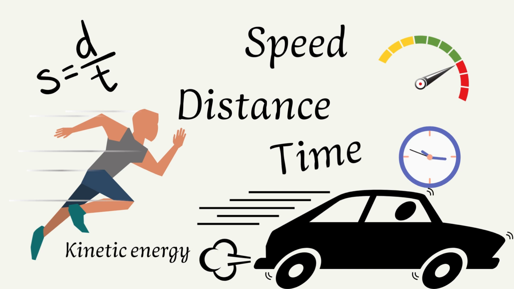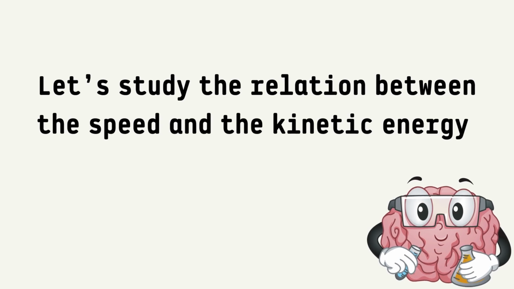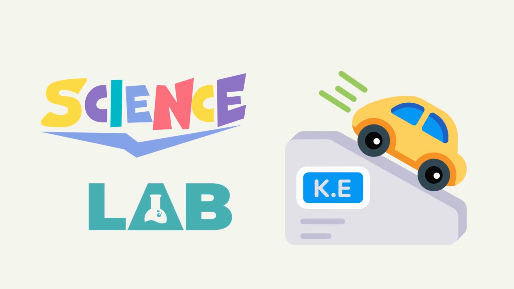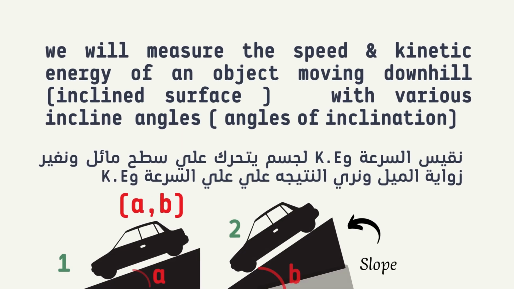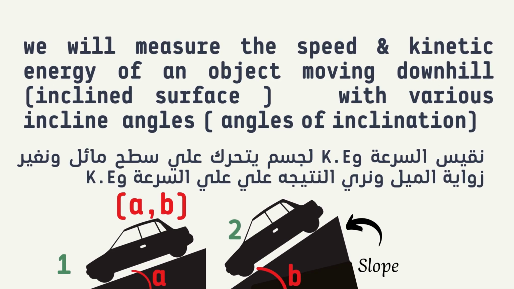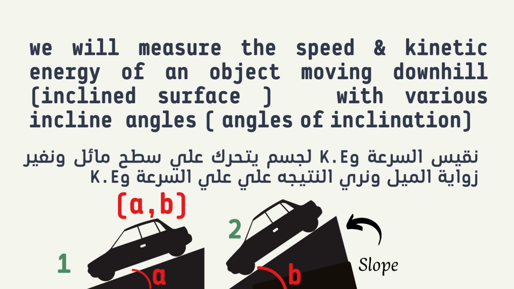And we know that any moving object has kinetic energy. So now we will study the relation between the speed and the kinetic energy of the object. In this activity, which is an experiment, we will measure the kinetic energy and the speed for an object that moves downhill like this, on an inclined surface.